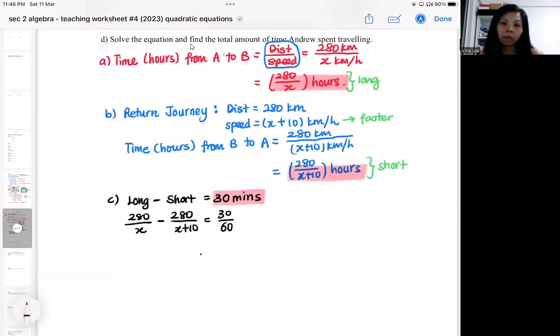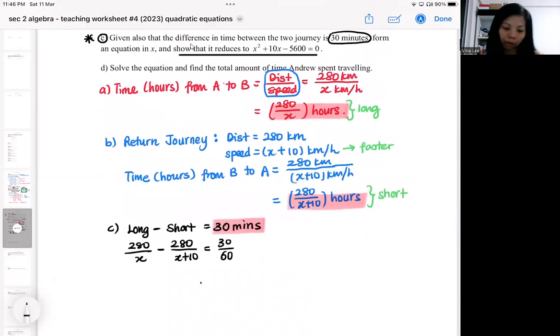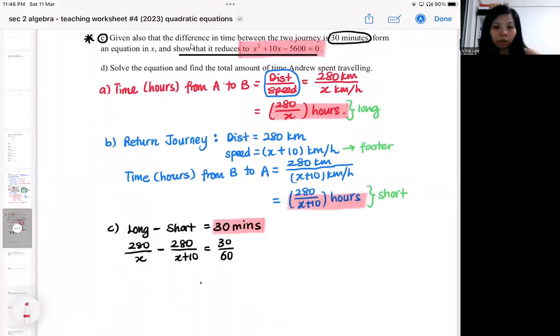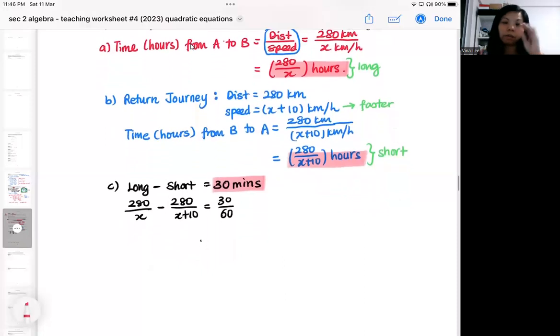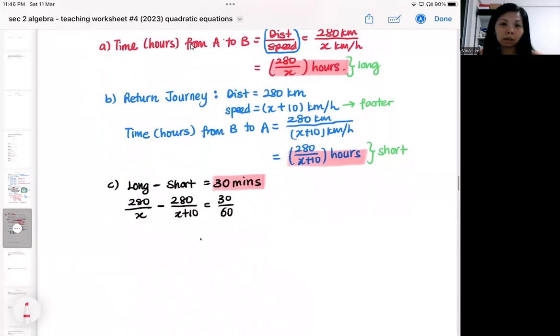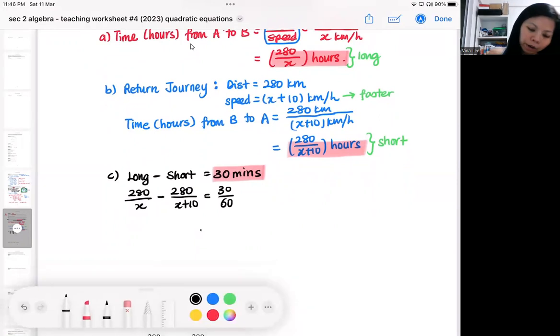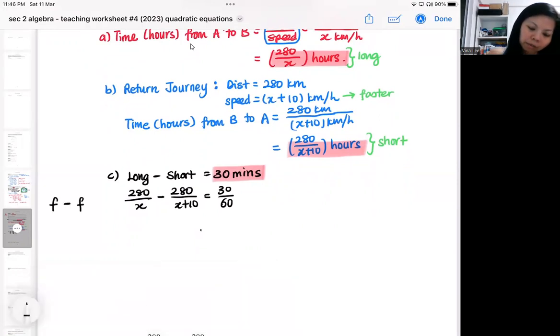Okay, so here, this is the equation. So how will the equation be reduced to this part? This is the challenging one. This will involve some fraction algebra, which you learned in Sec 1, but you are going to do it in Sec 2 again. In this case, it will be fraction minus fraction.